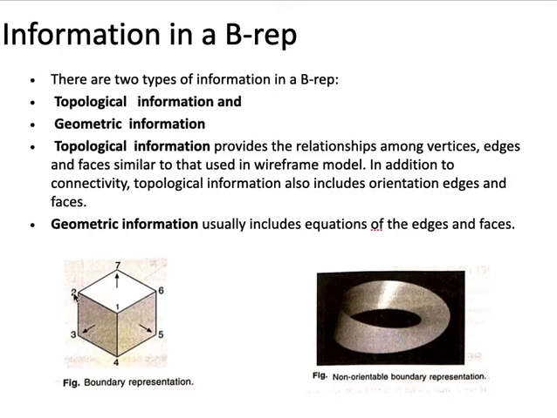In order to describe the left face, the order should be 1, 2, 3, 4, or 2, 3, 4, 1, or 3, 4, 1, 2, or 4, 1, 2, 3.